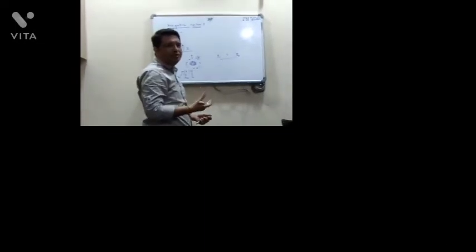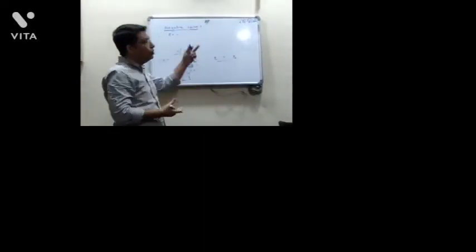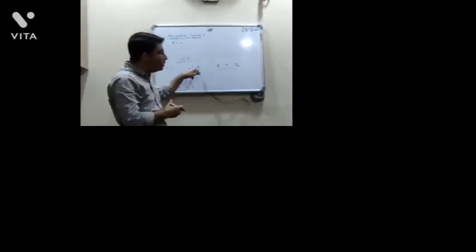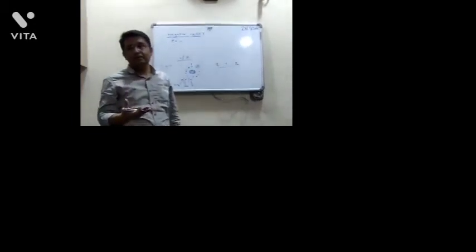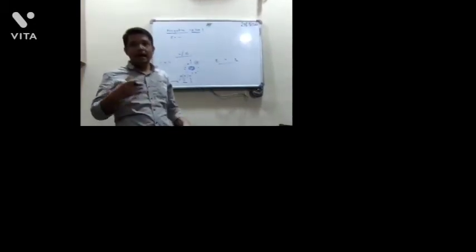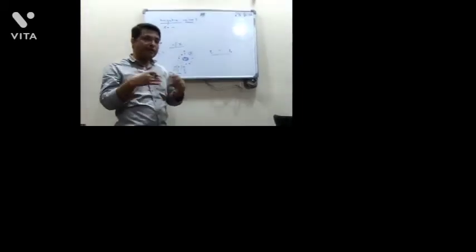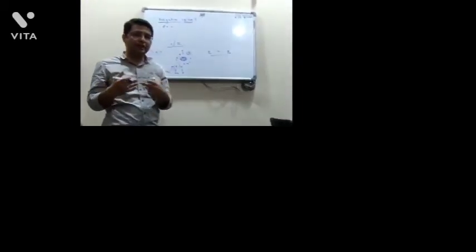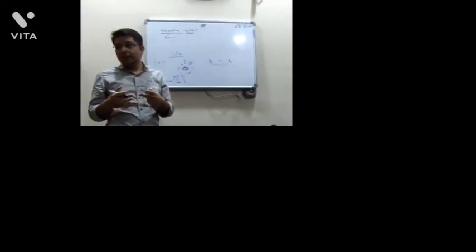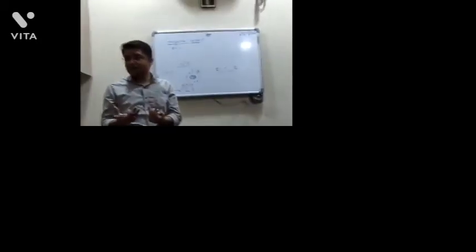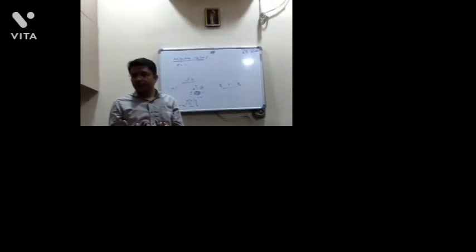There may be a force between these two because, as I have told you, the electron also has a mass. See, charge does not mean that it does not have a mass. This is a very important concept, you should understand this. The electron also has a mass, right?